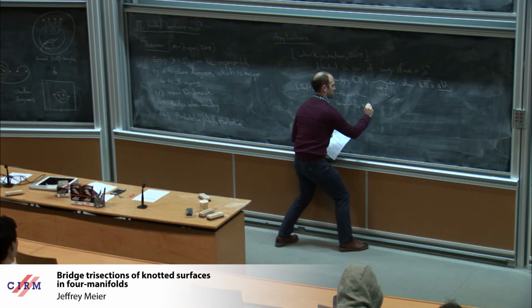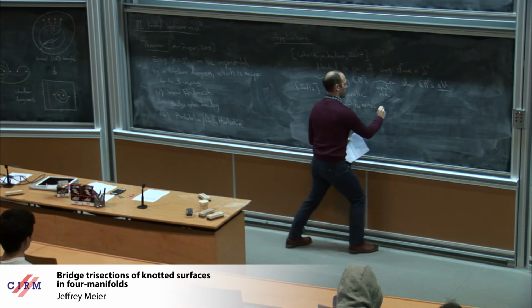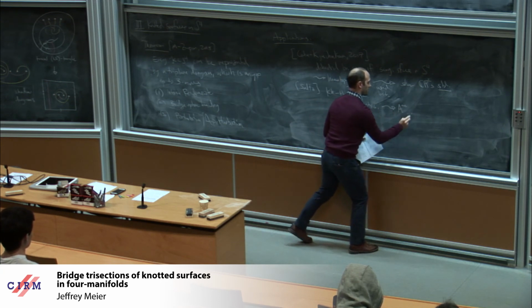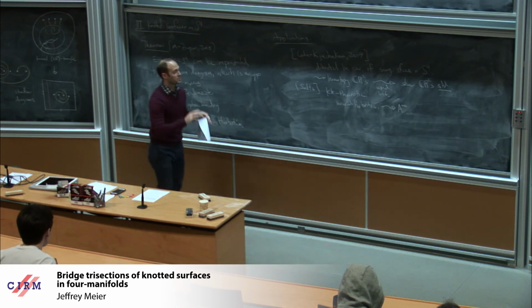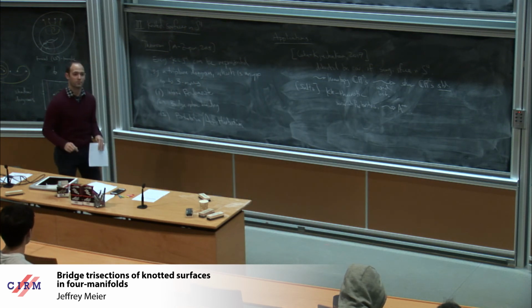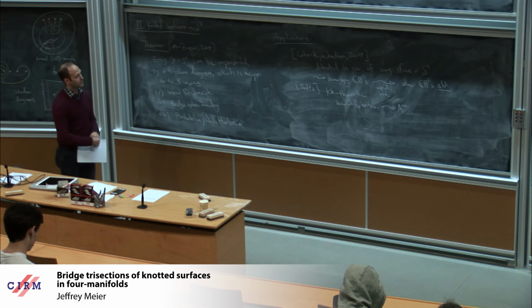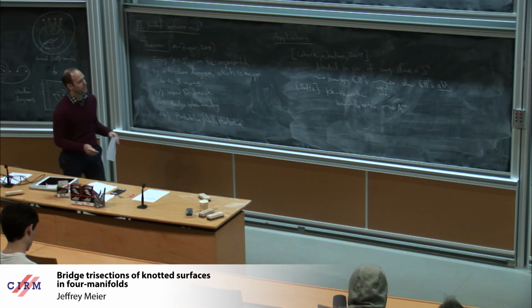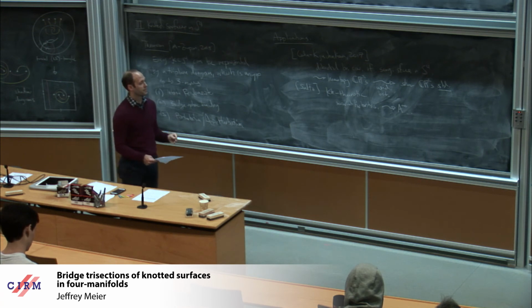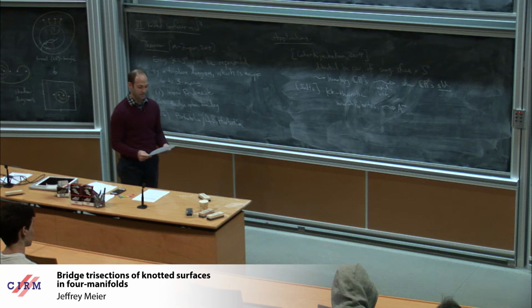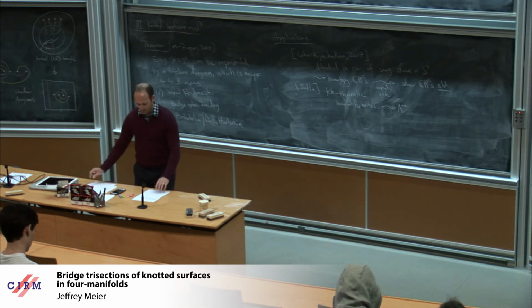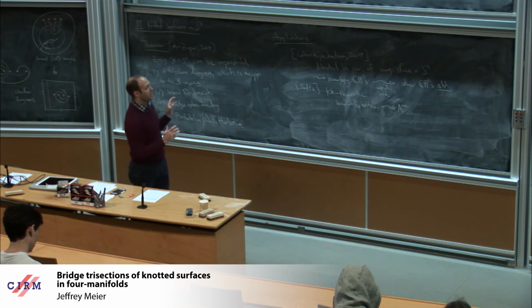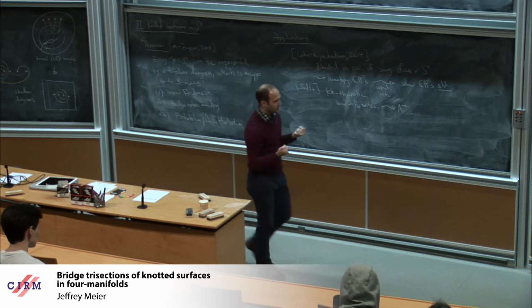Basically, he associates some A infinity algebra to the bridge trisection and can prove some interesting things about it. It's still not clear how much it can detect, but it seems like it has some interesting properties with respect to stabilization and stuff like that. So that's pretty exciting. Okay, so that's what I wanted to say about the setting of knotted surfaces in S4.